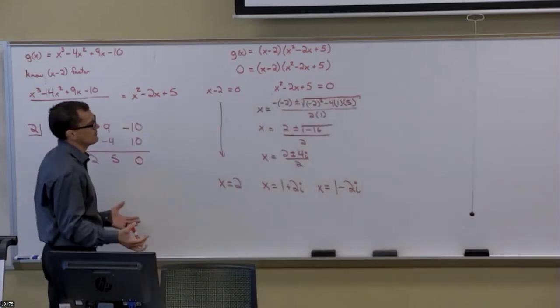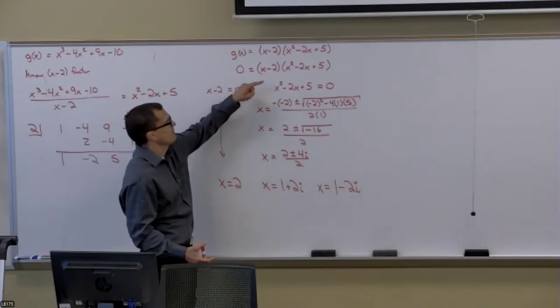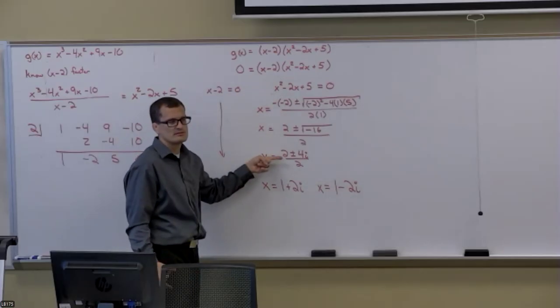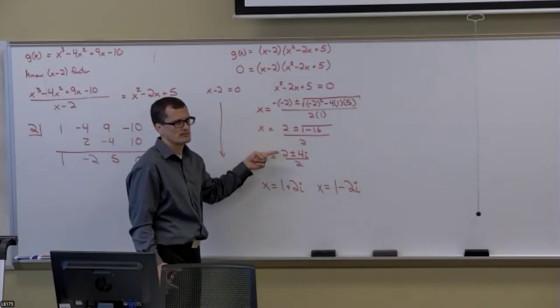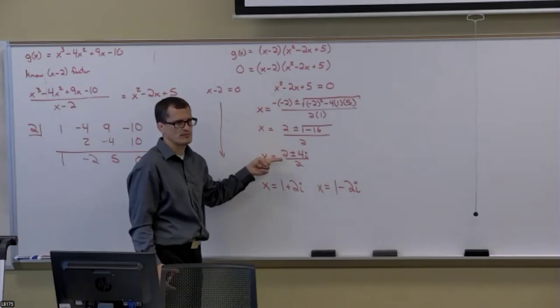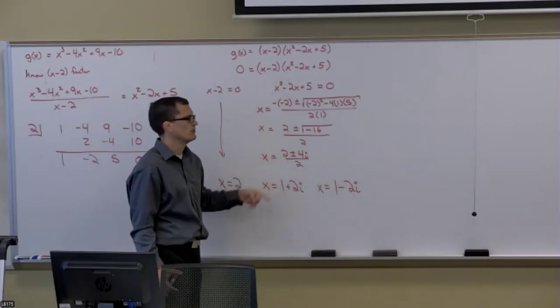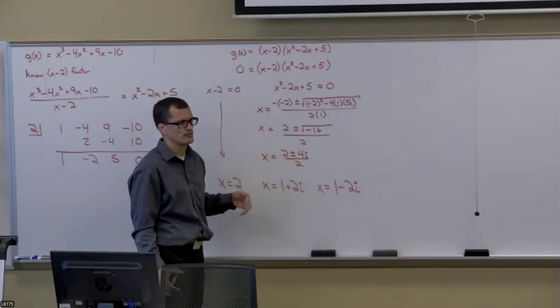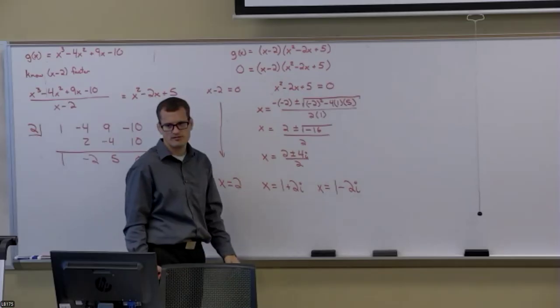Now there are situations in which this won't factor over the integers, but you'll still get real numbers. They just won't be nice integer values. Does that make sense? So you could get like 5 plus the square root of 8, or the square root of 19, or 5 minus the square root of 19, something like that.